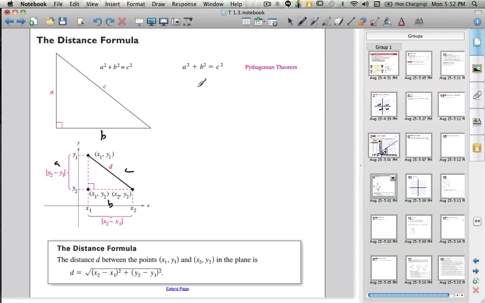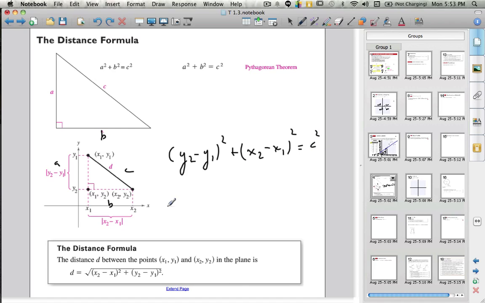and I work with a squared plus b squared equals c squared, well, how do I know the distance here of side A? Well, it's the difference in my two y coordinates. So if I do y2 minus y1, that is A. So if I have that squared, and then I find this side, which is B, well, this distance is the difference in the x coordinates. x2 minus x1 would be B, and that would all be equal to c squared.